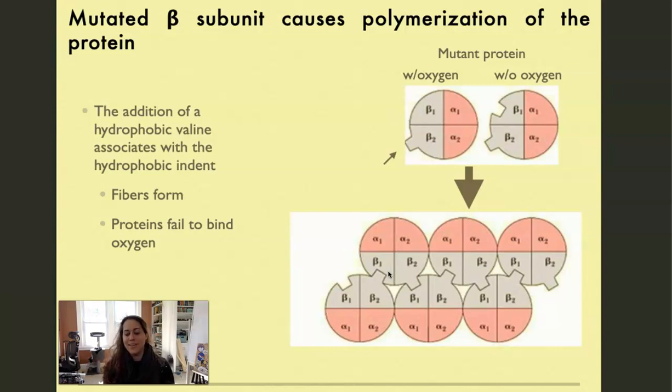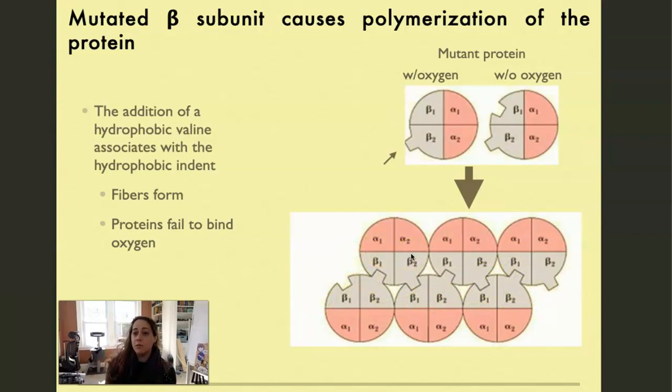And so that means that these features, both the protrusion and the invagination, are going to associate better with each other than with water, and you start to get these clumps of hemoglobin.